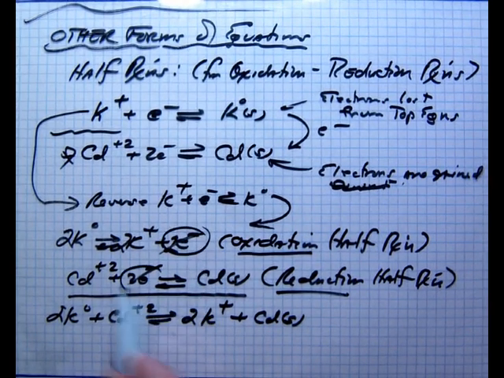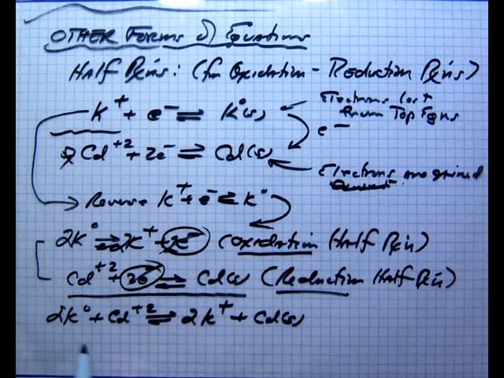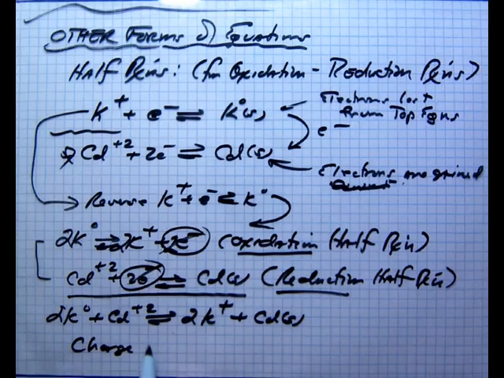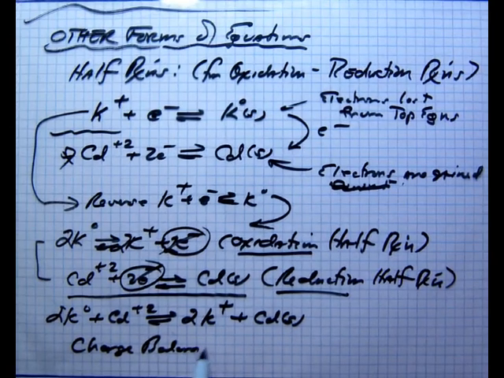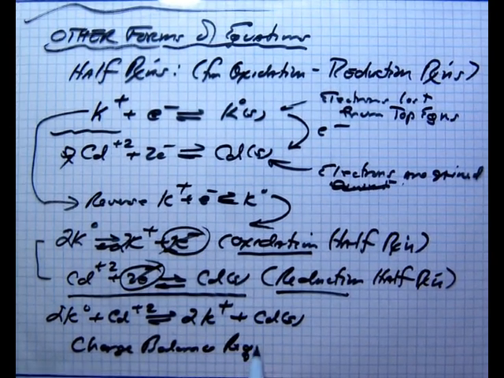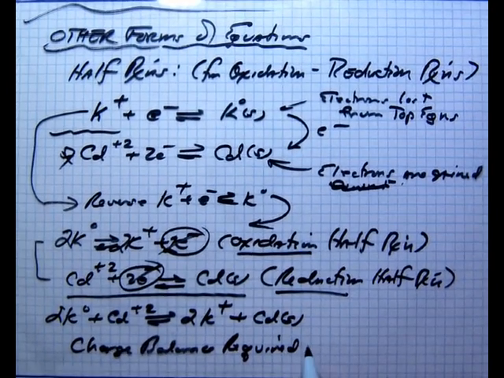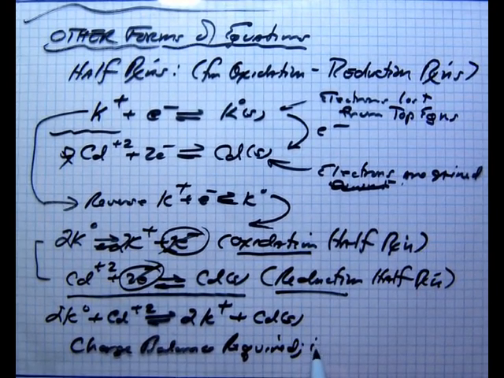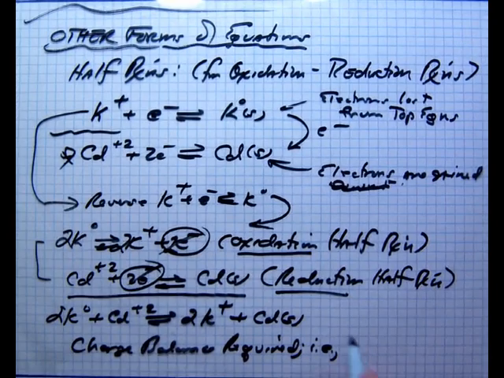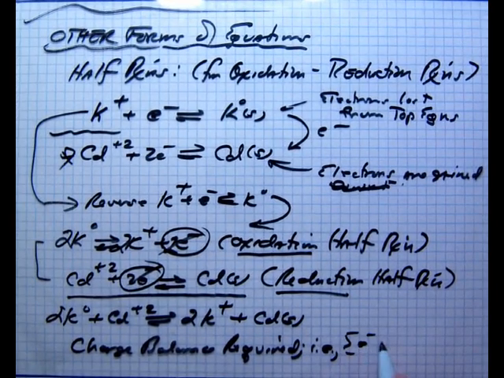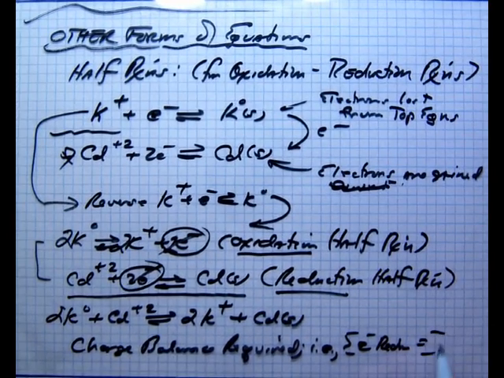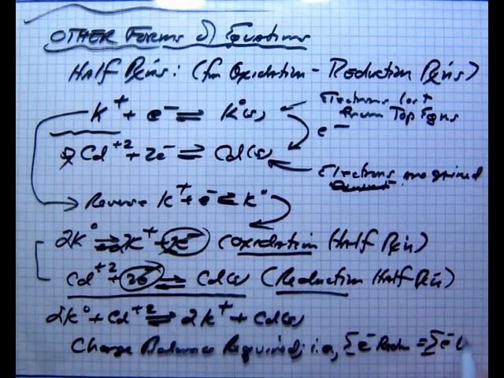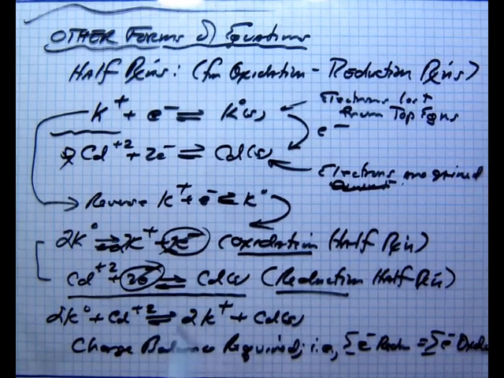And I had to have a charge balance. That is, the sum of all your electrons in reduction must equal the sum of all your electrons in oxidation. And that's what I did.